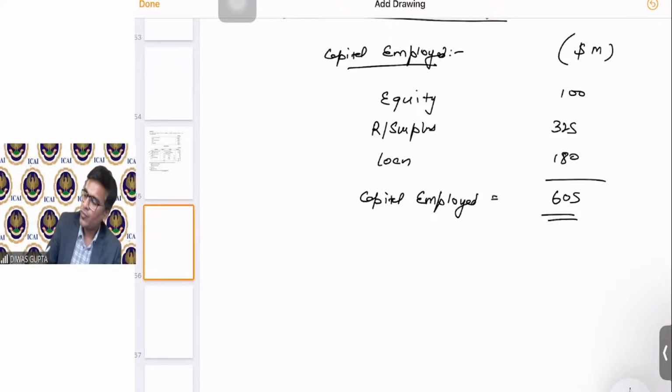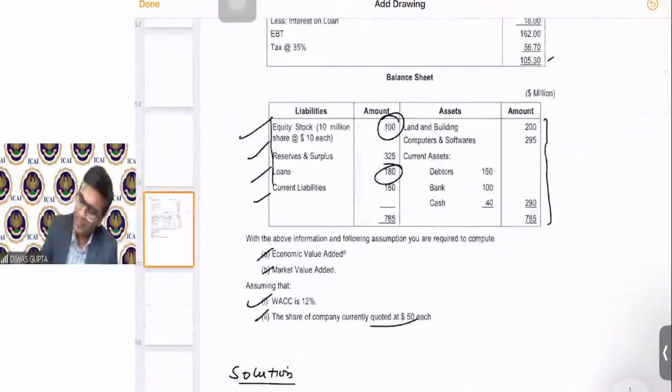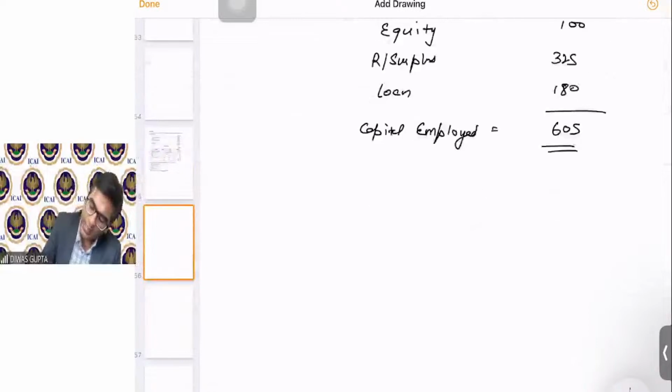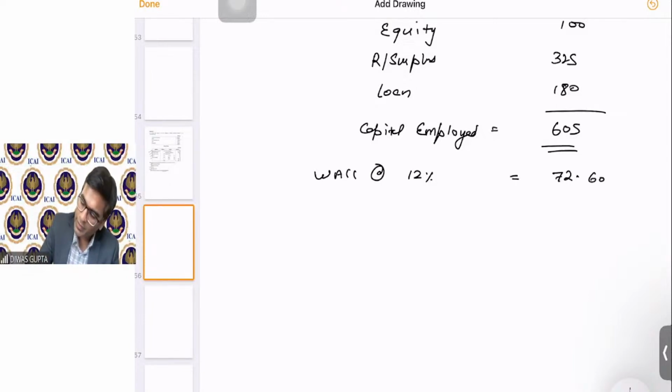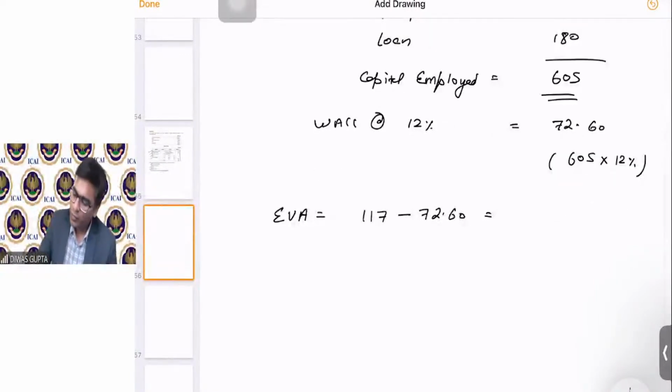Now, from this, we have to apply the WACC for the capital charge. WACC is already given at the rate of 12%. So 605 into 12%, that is 72.60. So students, this is how it is calculated. 605 into 12%.